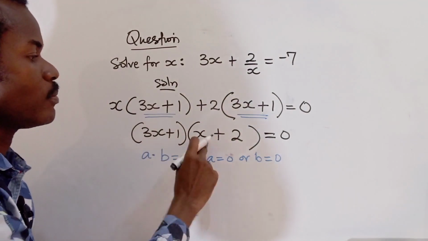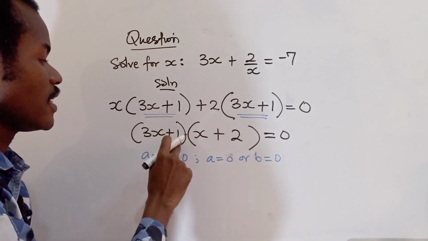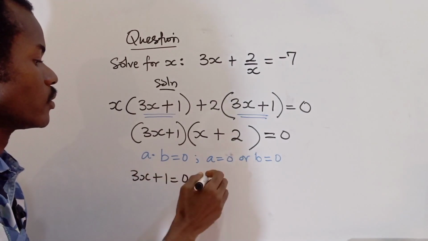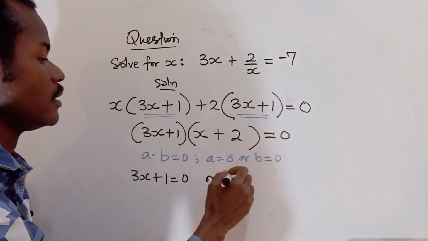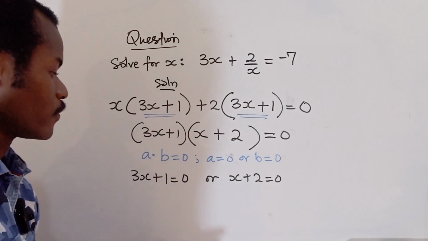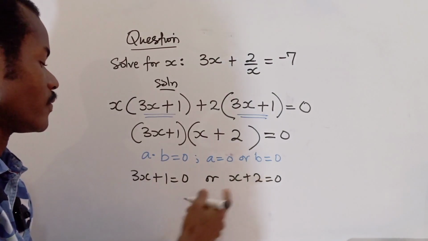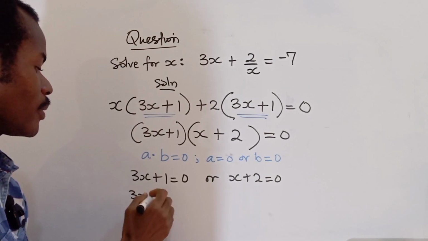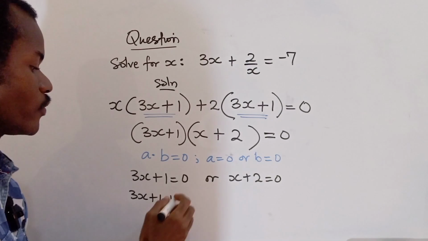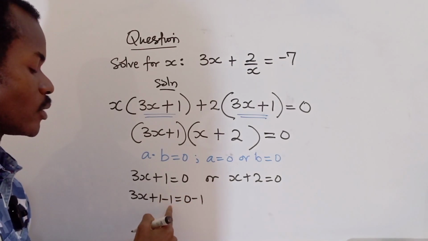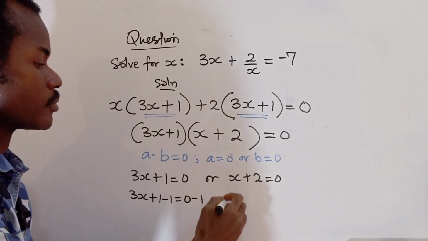So if this is a multiply b equals 0, it means a, which is 3x plus 1, is equal to 0, or our b, x plus 2, is equal to 0. Now from this, we can solve for the values of x. First of all, I have 3x. Since I have plus 1 here, I want to subtract 1 from both sides. So I have plus 1 minus 1 and 0 minus 1.